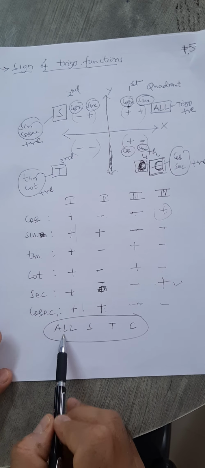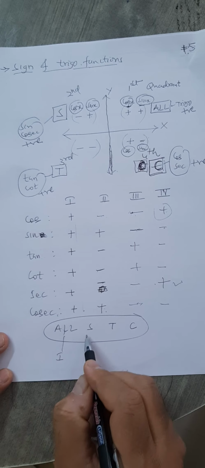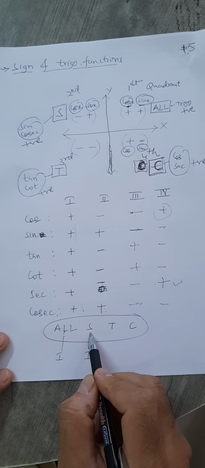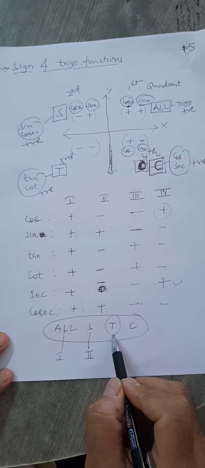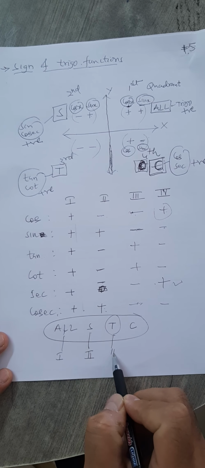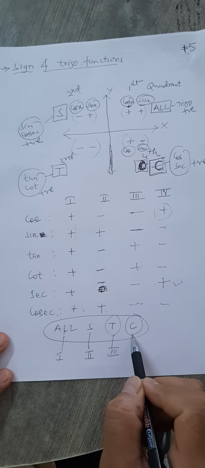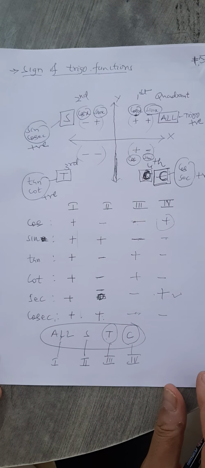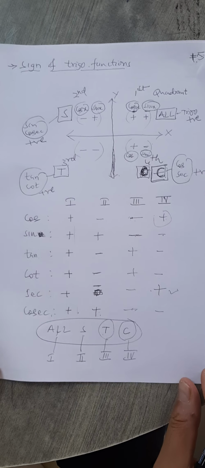All trigonometric functions are positive in the first quadrant. Second quadrant, sine and its reciprocal, cosec, are positive. In the third quadrant, tan and cot are positive, remaining all are negative. In the fourth quadrant, cos and sec are positive, remaining all are negative. This way we will determine the sign.